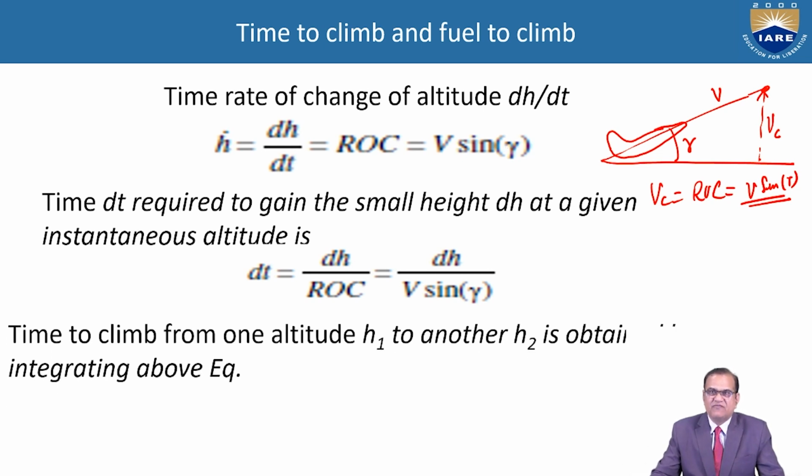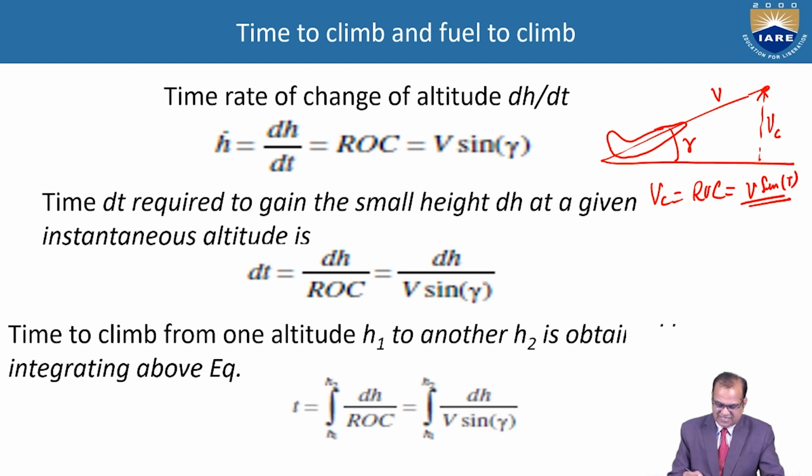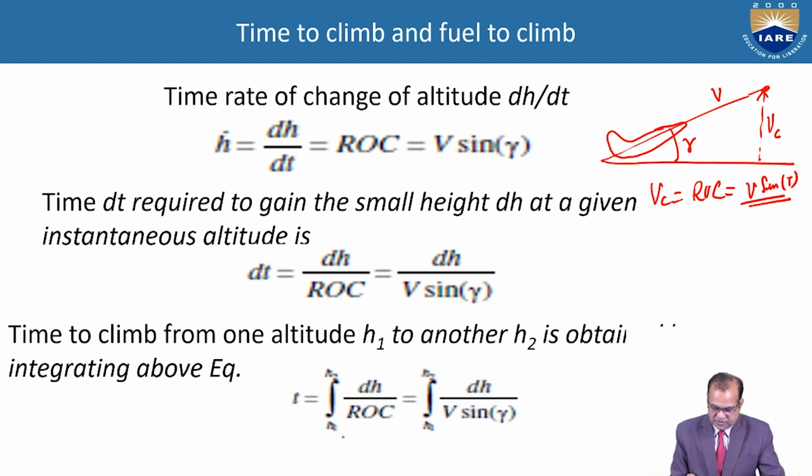The time to climb from one altitude h1 to another altitude h2 is obtained by integrating this equation. So time is equal to the integral from h1 to h2 of dh by ROC, which is the integral of dh by V sine gamma.